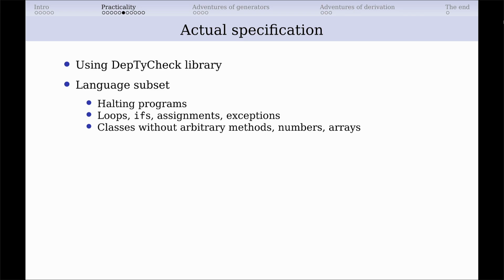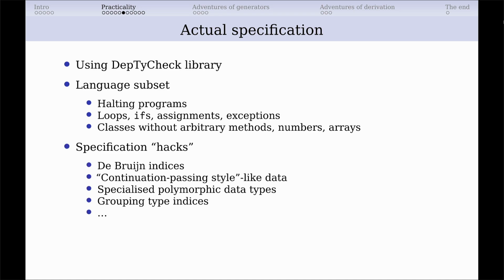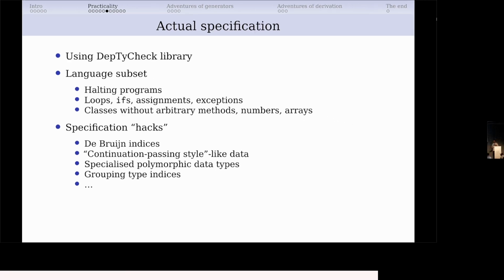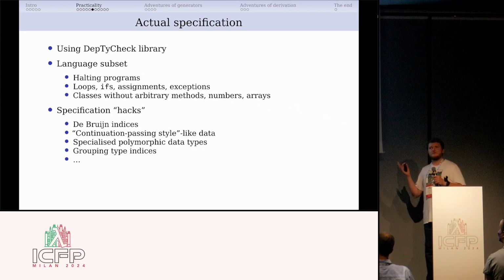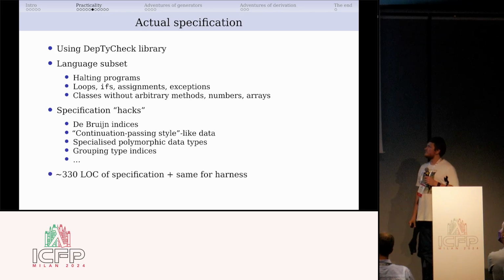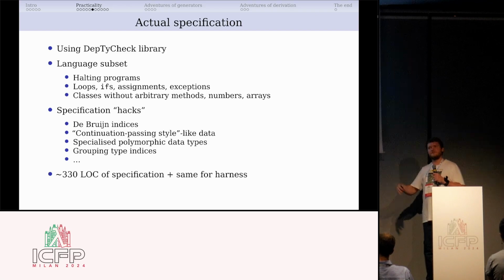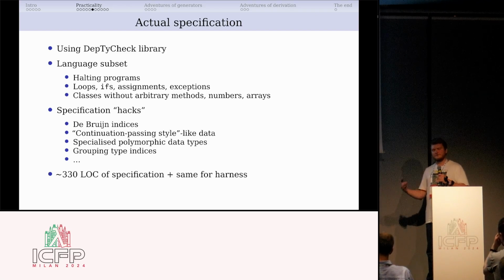We have some other types of statements, and we actually use some specification hacks to make the whole thing work better. For instance, we didn't use names for variables; we used De Bruijn indices for them, and some other stuff. The specification was not so long. I mean, it was a little bit more than 300 lines of code, and other stuff like printing to the surface language and so on.